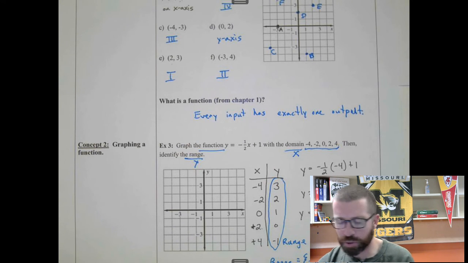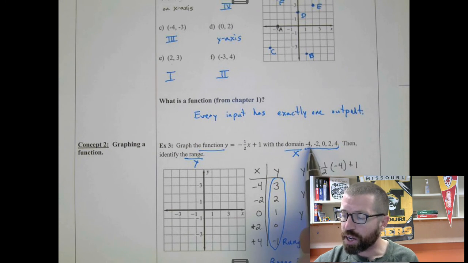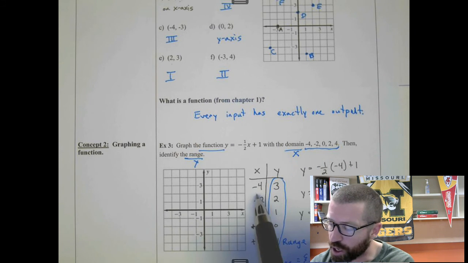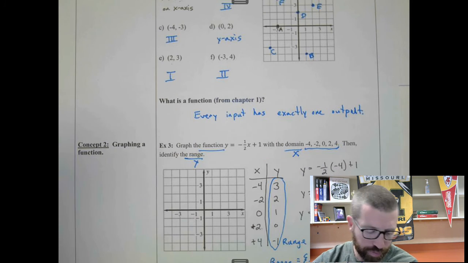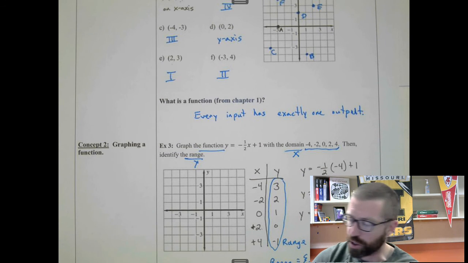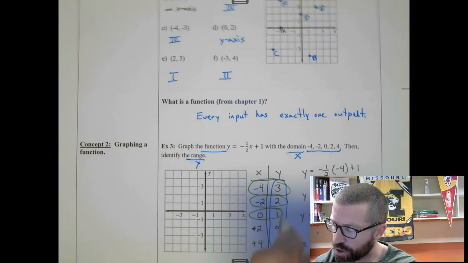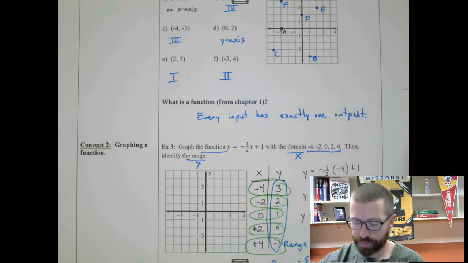And to graph it with this domain, these are just points. Because we're told -4, -2, 0, 2, 4 is the domain, we're only plotting these points. So now pause the video, plot these points. This is getting a little bit crowded here, but see if you can plot those, and then look and see what it looks like.